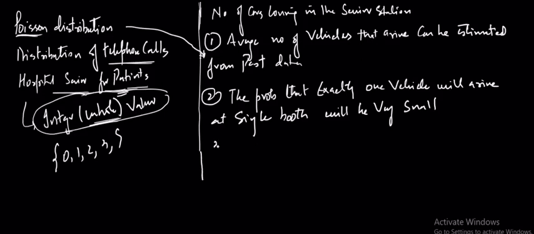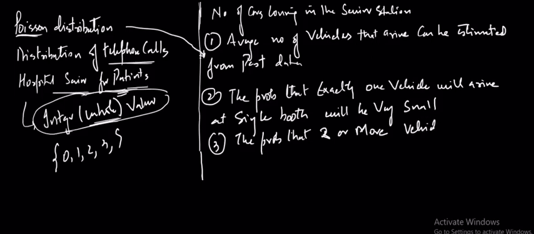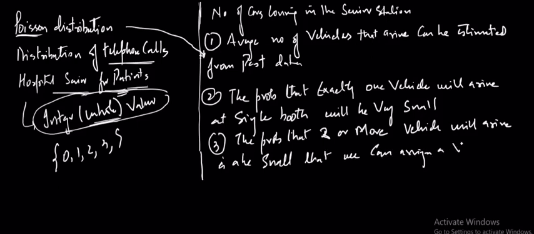And the third one is that the probability that two or more vehicles will arrive at a particular time is also small, so that we can assign a value of 0 to it.